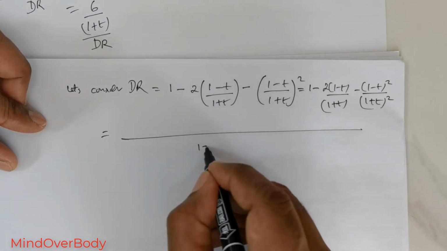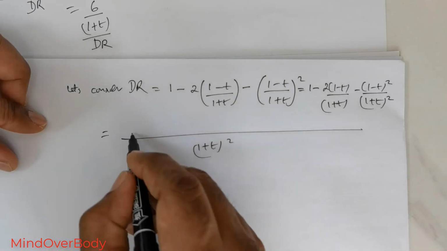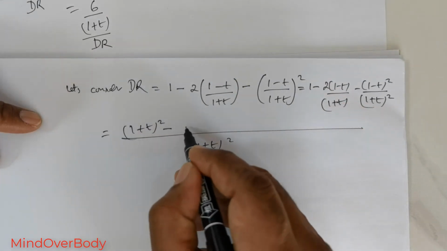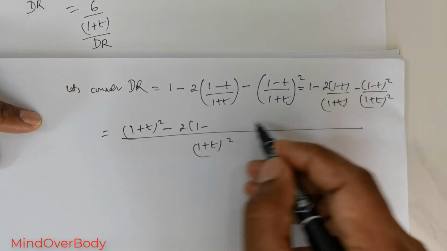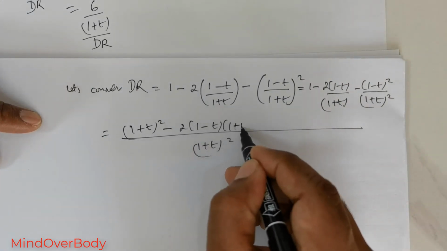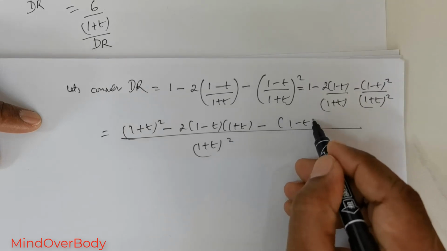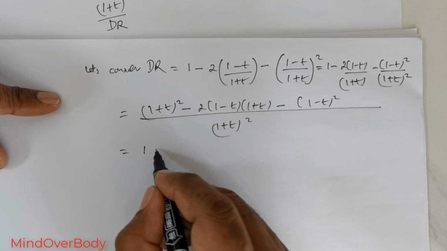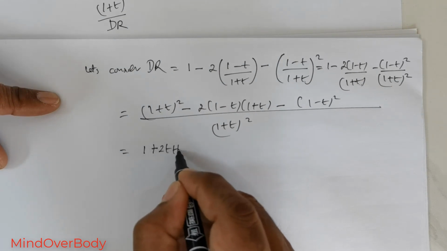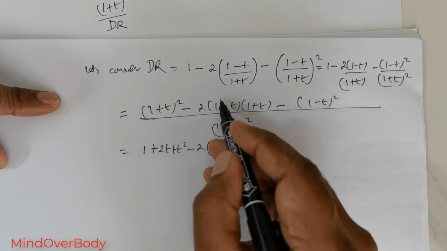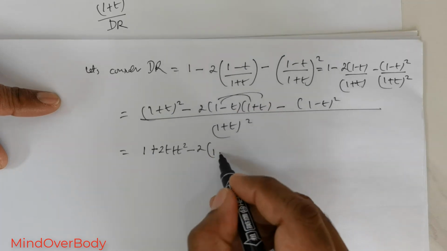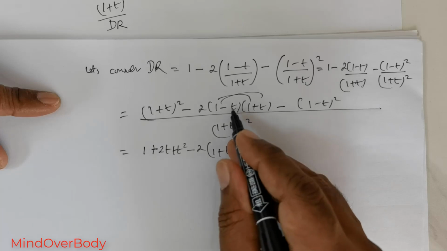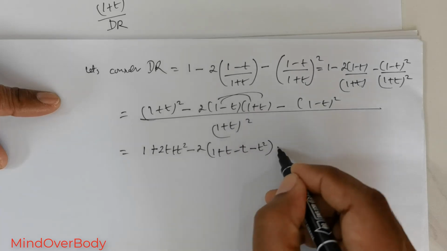Now the LCM is (1 + t)², so this is going to be (1 + t)² − 2 times (1 − t)(1 + t) − (1 − t)². So this is equal to, expand this, 1 + 2t + t² − 2 times (1 · 1, 1 · t, t · 1 with a negative sign), and −t into t is −t².